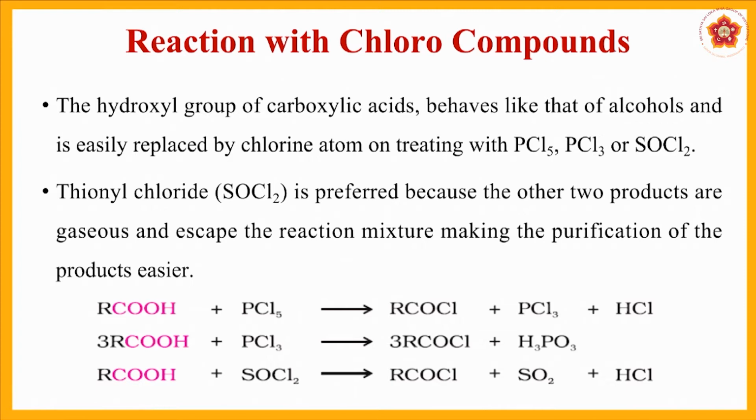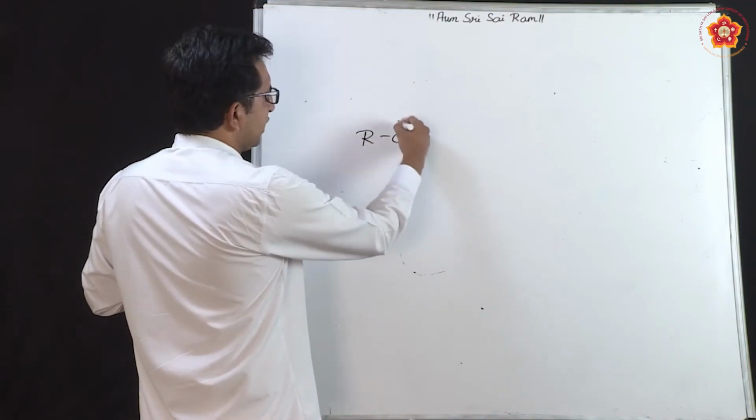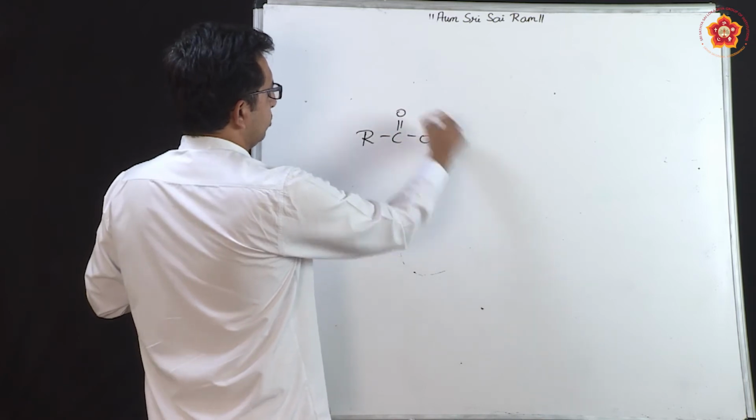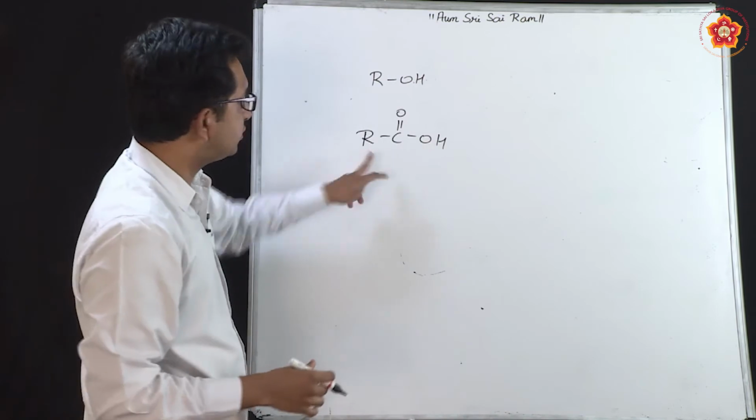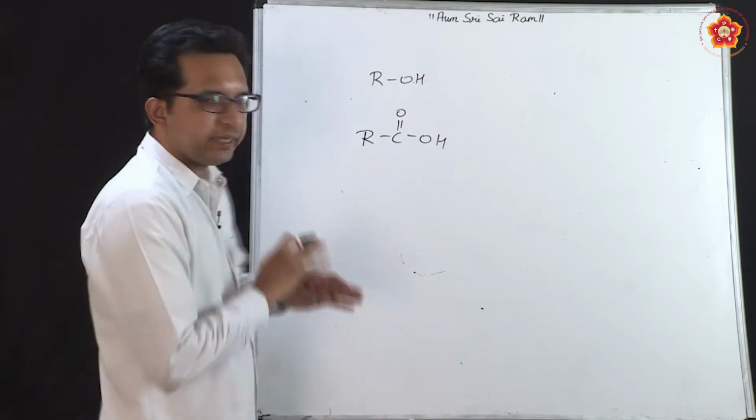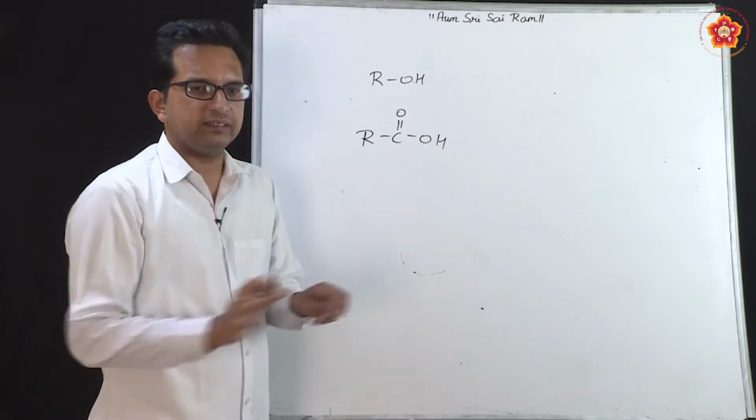The very first set of preparations were this, where PCl5, phosphorus pentachloride, phosphorus trichloride and thionyl chloride were utilized, where you could form different compounds. Now, in this case, instead of an alcohol, which had only ROH, you are using RCOOH, which is an acid. The reaction mechanism remains exactly the same.